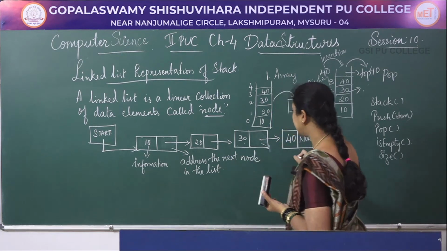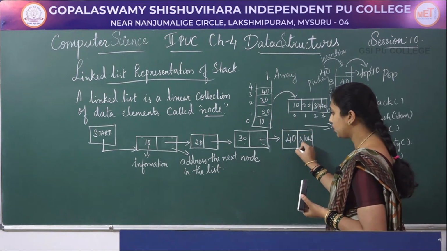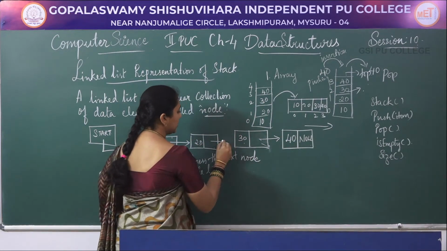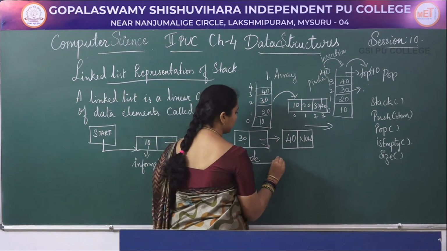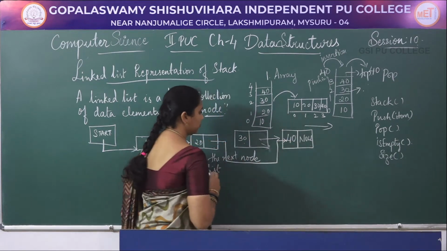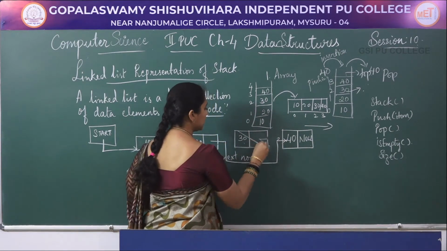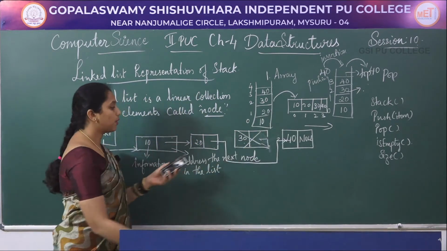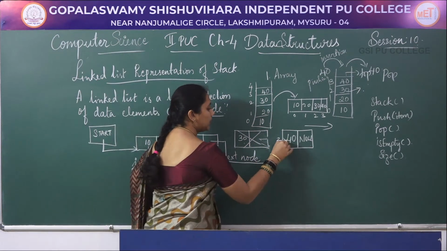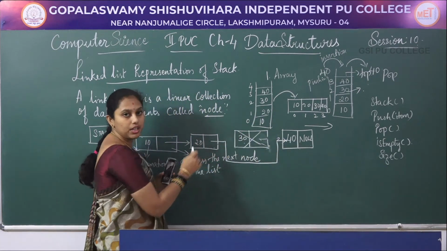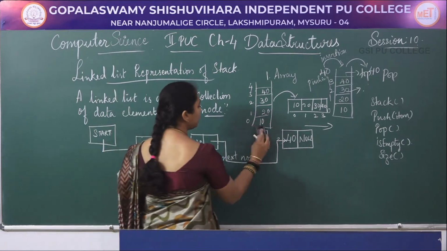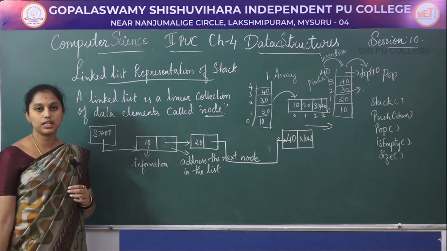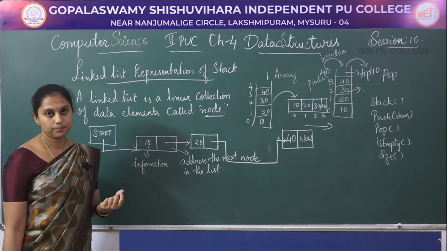See, I am deleting this element from the node. So I am providing the link of the next node to the previous node. So this is how we are performing insertion and deletion operations in a linked list.